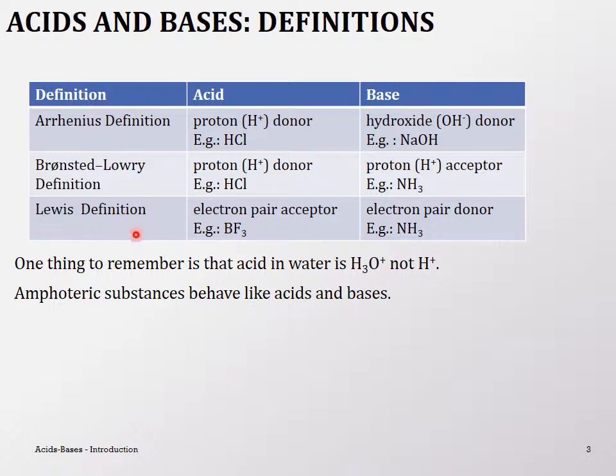The Lewis definition of acid and base has to do with electrons. And as you know, electrons are like the best way to define anything, because nothing can go wrong with that. It's an absolute. So acids are electron pair acceptors, whereas bases are electron pair donors. So you're looking for compounds which are able to accept electrons. For example, BF3, boron trifluoride.